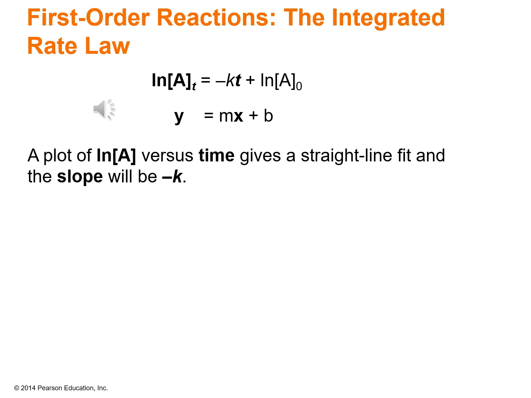We see here that the integrated rate law, natural log of A sub t equals minus kt plus natural log of the initial concentration of A, is basically the equation for a straight line. So natural log A sub t is a linear function of time. The graph of natural log A versus t is therefore a straight line having a slope m equal to minus k and an intercept b equal to natural log A sub 0.